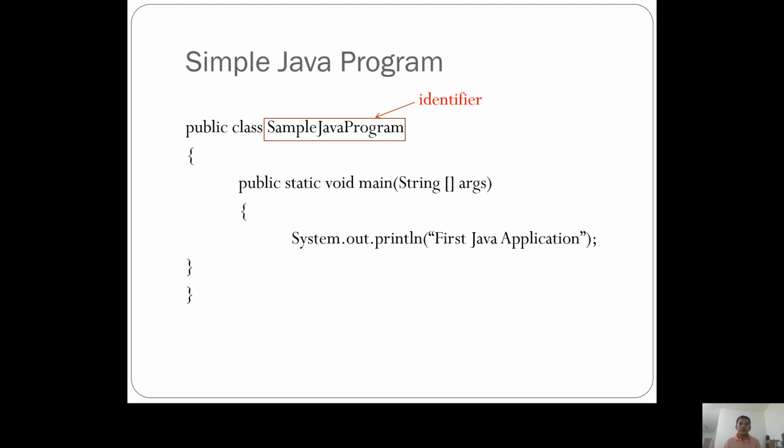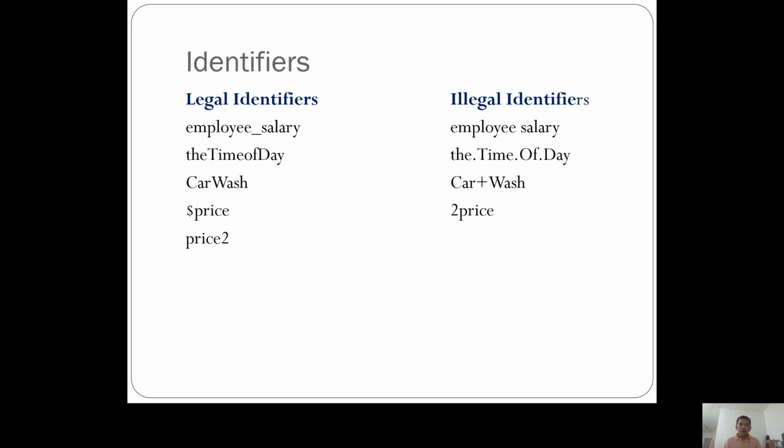Let's take identifiers. An identifier is a name of a program component, such as a class, object, and variable. These are the requirements in naming identifiers. It must begin with a letter of the English alphabet, an underscore, or a dollar sign. An identifier cannot begin with a digit.